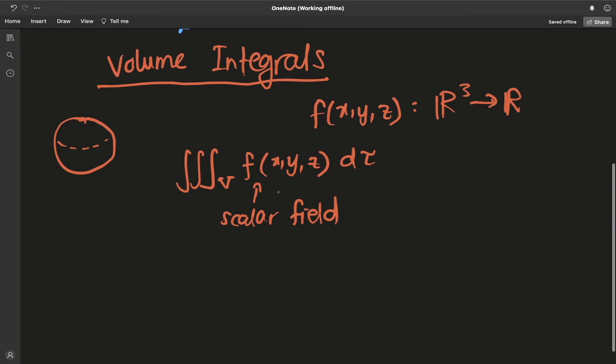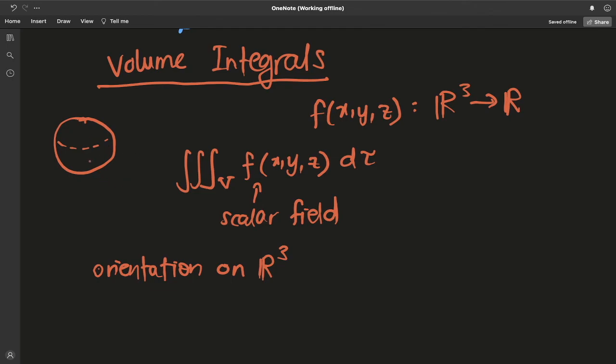One reason why we don't have a vector field for the volume integral is the way orientation is defined on R3. Curves in R3 are oriented, surfaces in R3 are oriented, but volumes in R3, you can't really orient them in some way because those rules would be different.